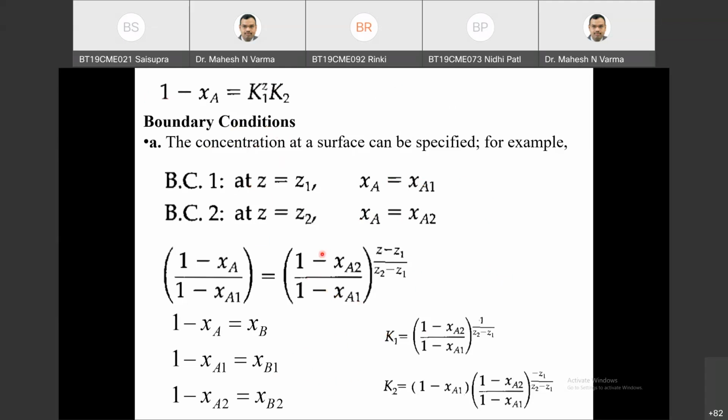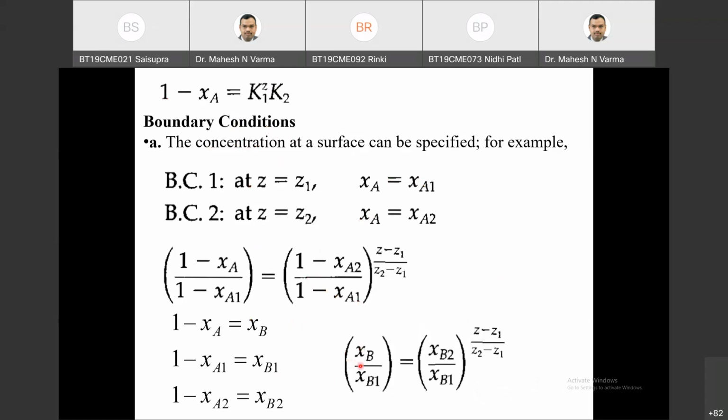This is what gives us the concentration profile. Now we can write this concentration profile also in terms of XB, which gives a concentration profile for B. For a binary system, if XA is given, it is as good as XB being given, because XA plus XB equals 1. If XB is given, it is as good as XA being given.